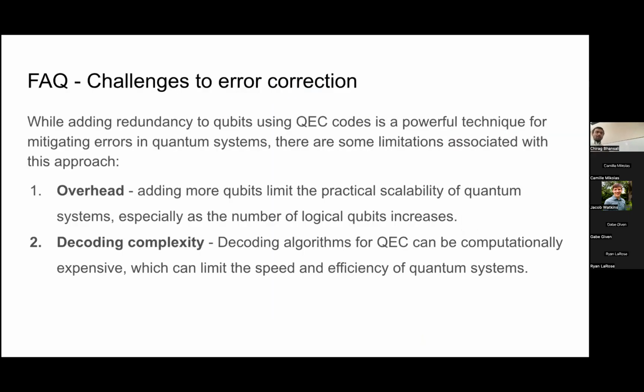And what are the challenges in quantum error correction? Adding redundancy to qubits is a very powerful technique to mitigate errors, but there are some limitations. One is that as you add more qubits, it limits the practical stability of quantum systems, because it becomes more computationally expensive to decode them, and it limits the speed and efficiency of the quantum systems.